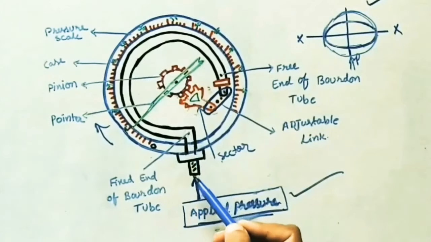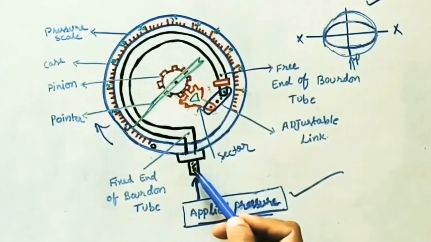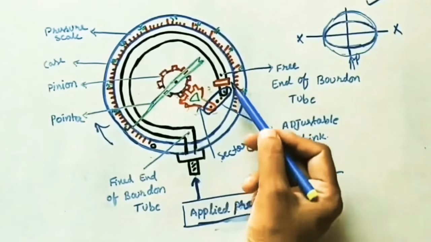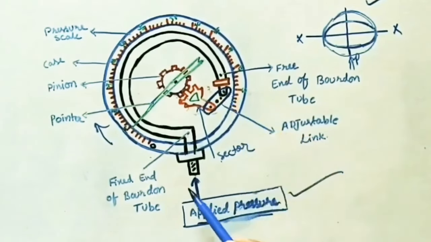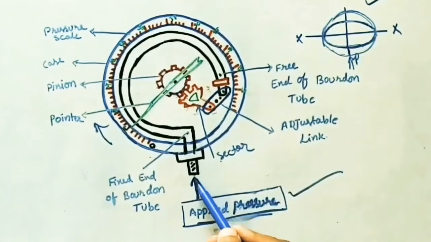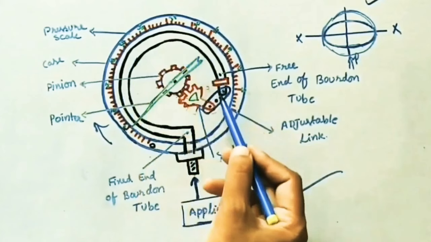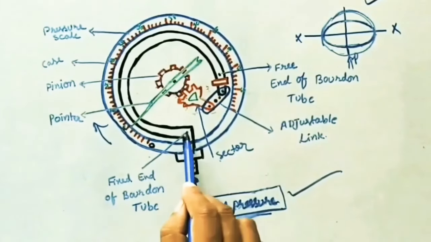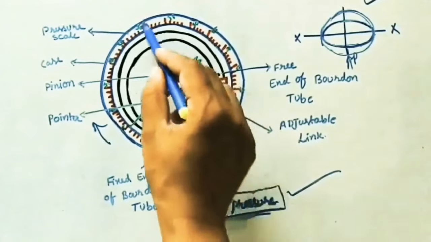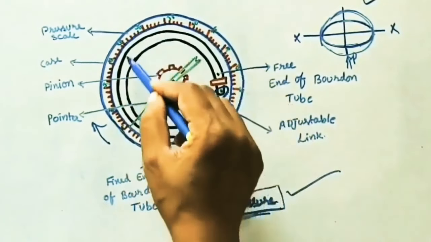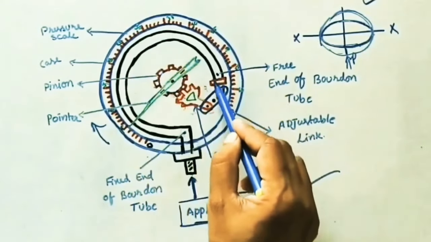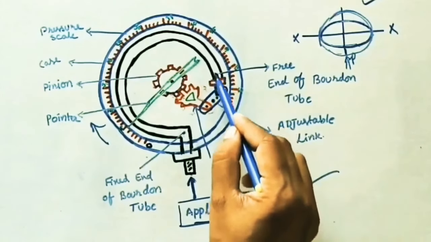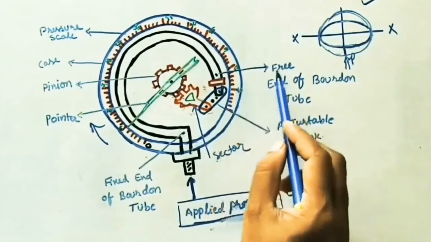This Bourdon tube has two ends: one is the open end and the other is the closed end. Through the open end, we can supply the applied pressure, gas or liquid, inside the tube. The tube is connected here to the plate; this is called the fixed end of the Bourdon tube. Here it is connected to a pin; this is called the free end of the Bourdon tube.